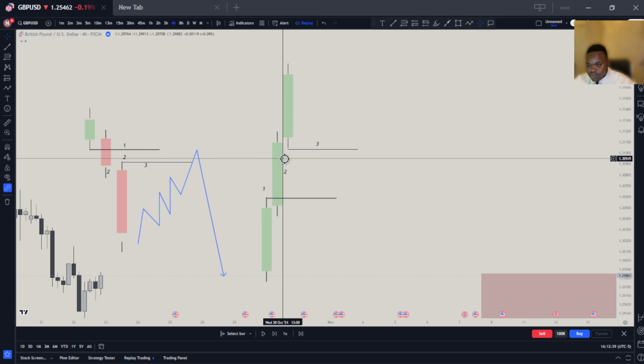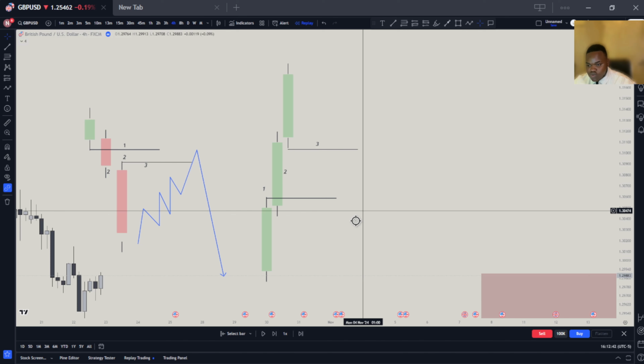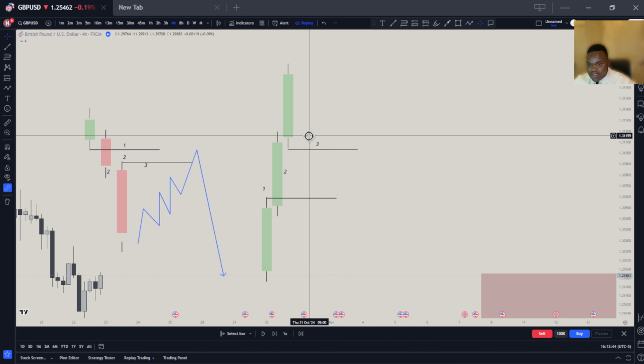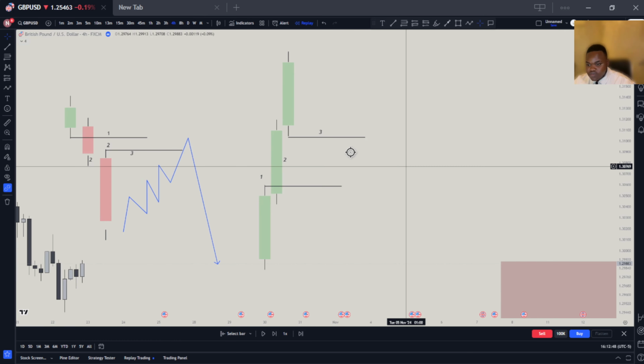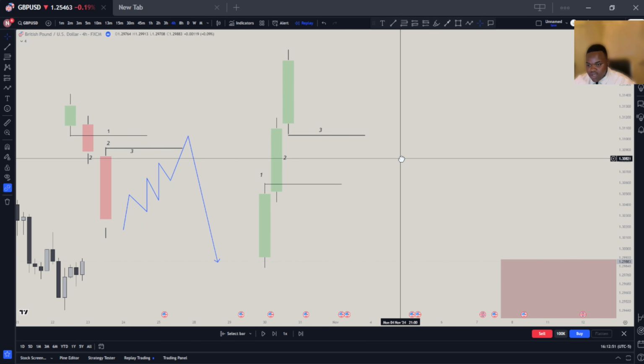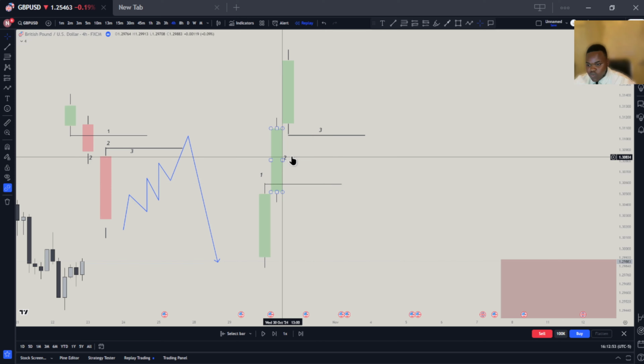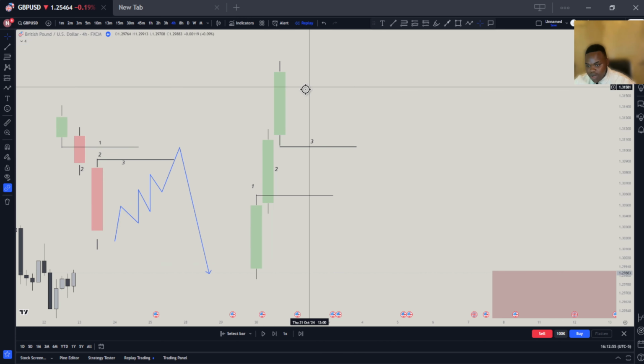We have our candle 1, candle 2, candle 3, which, like I said, is a 3 candlestick pattern formation in the market, where candle 2 leaves a huge gap behind for price to later come and fill.